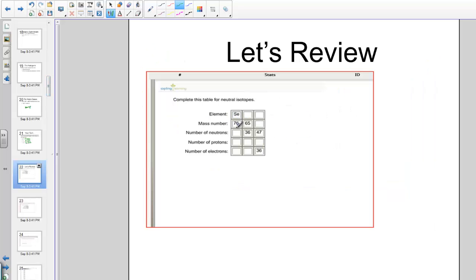As soon as I know the atomic number, I know the number of protons to be 34. I know the number of electrons must also be 34 because atoms are electrically neutral.